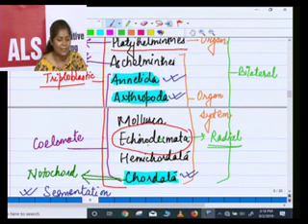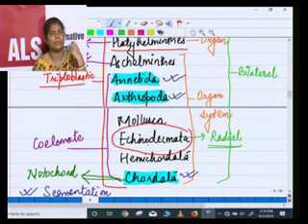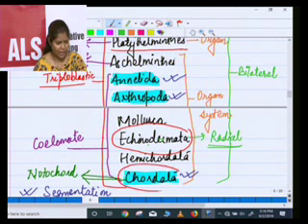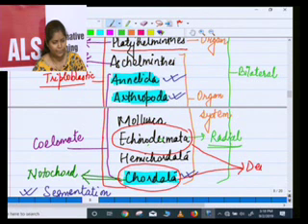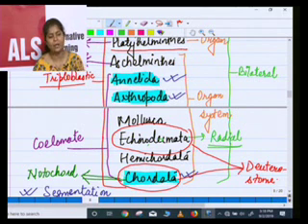That clearly marks that it must be evolutionarily somewhat more advanced. So we have Echinodermata and Chordata as deuterostome. Rest all are protostome. Clear? Everybody?